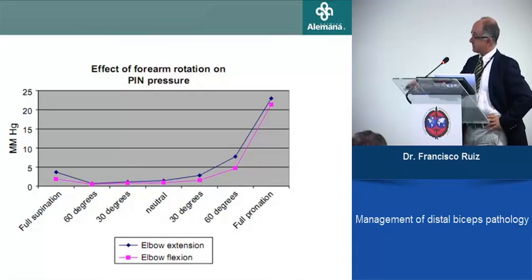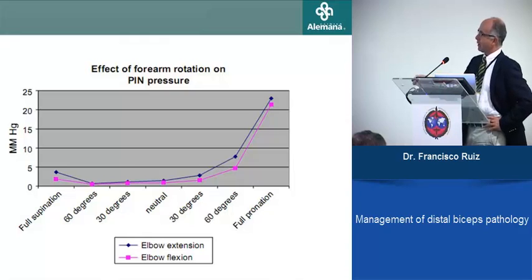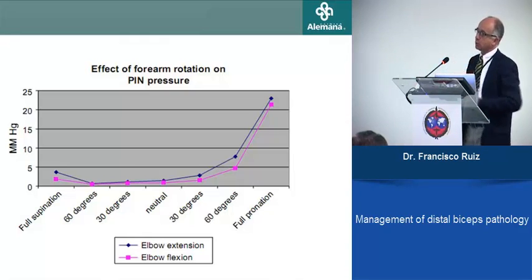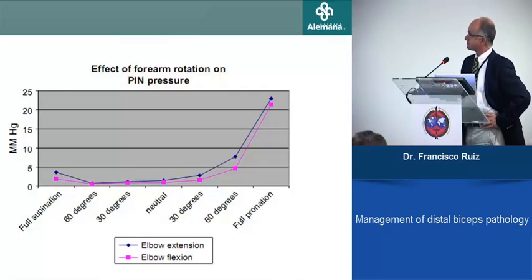That's why they made this study with a Swan-Ganz catheter, and they showed that it doesn't matter if you have your elbow in flexion or in extension. When you are in full pronation, the nerve will be attached to the arcade of Frohse. So maybe this is one of the explanations of the paralysis of the posterior interosseous nerve.